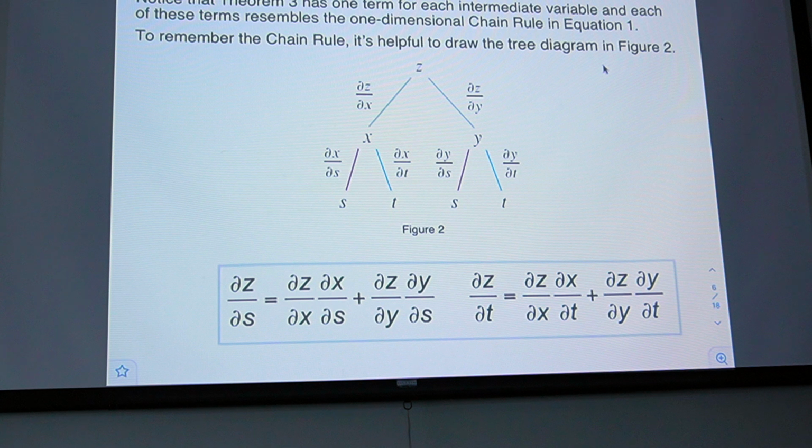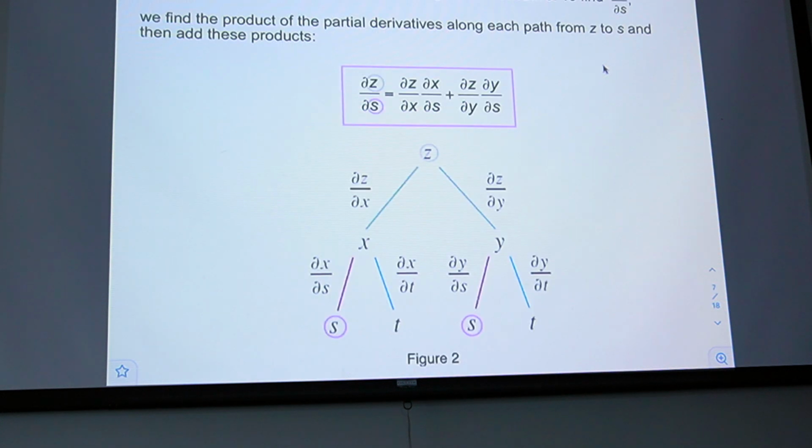So if you try to find partial z, partial s over here, what do we do? You can find this partial z, partial s, which I circled.